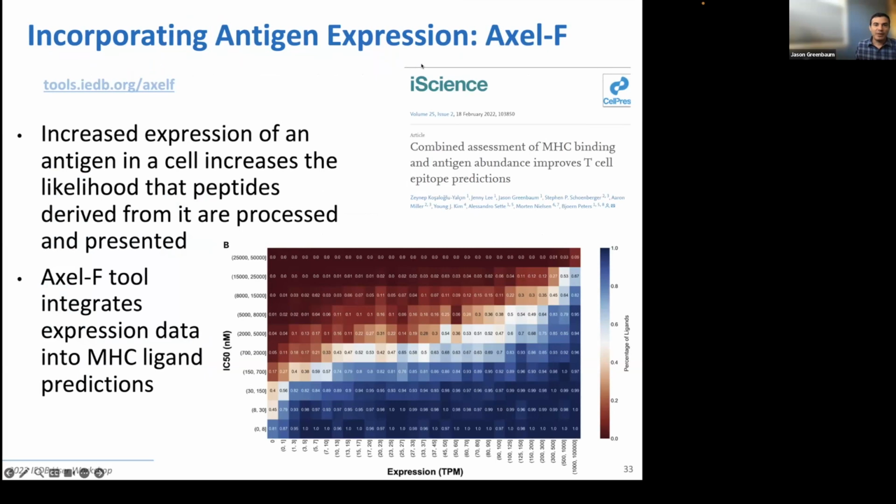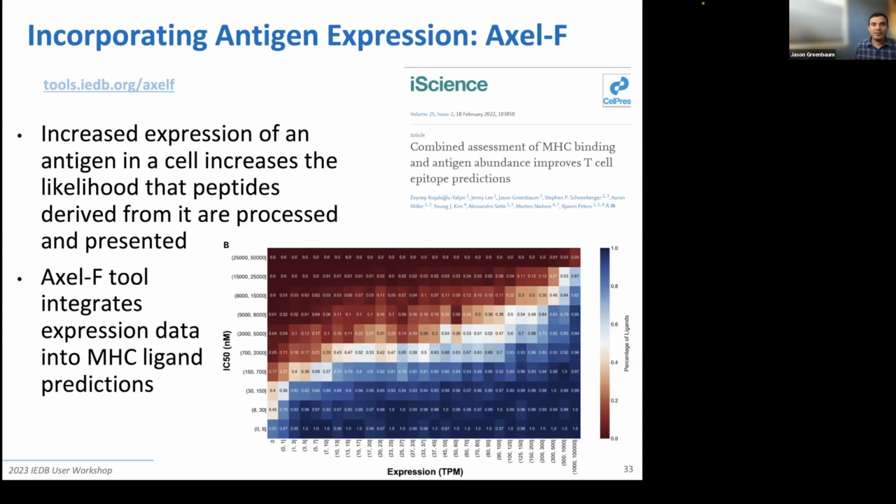And we just wanted to throw this in there. This is not on the next-gen tool site at this point, but we have developed another tool and released it last year called AXEL-F. And what AXEL-F does is it takes not just the binding affinity of a peptide into account, but also the expression level of its antigen, the source protein that it comes from, to give a likelihood score for whether or not this can be eluted from the cell surface.